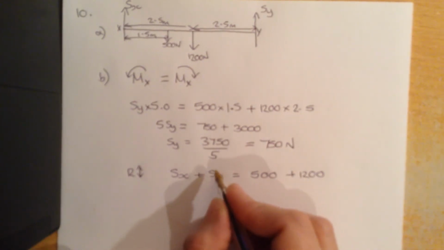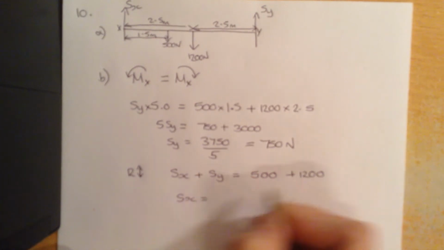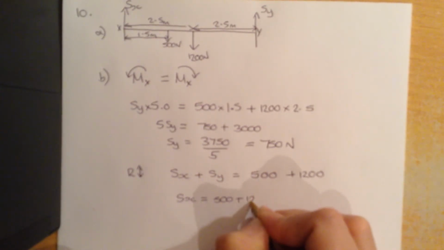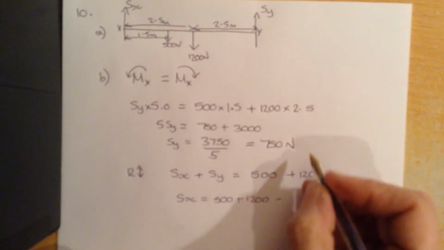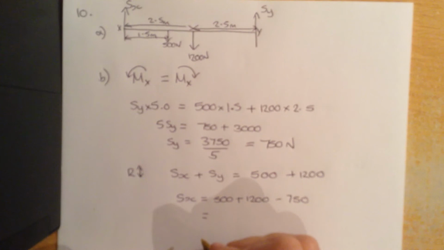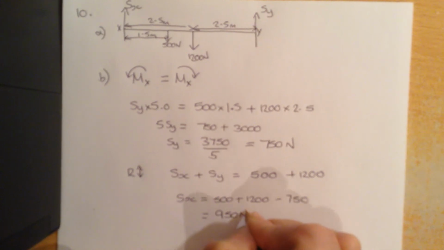We know what SY is because we've just worked it out. So SX is going to be equal to 500 plus 1200, take away 750, which, when you work it all out, should be 950 newtons.